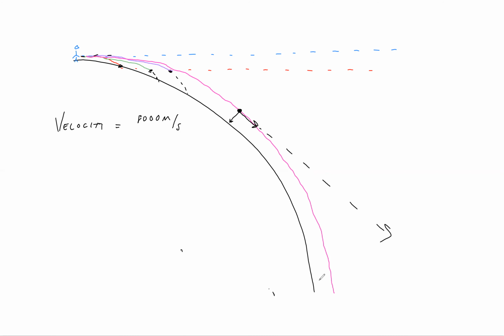Anybody else have an idea why it would not continue to orbit the Earth if we threw it from the surface of the Earth, even if we threw it at 8,000 meters per second? Is it because it would eventually hit a mountain? Good thought, but we'll pretend there's no mountains right now.